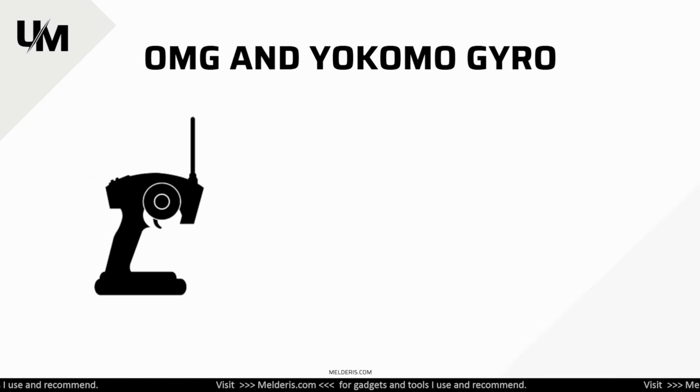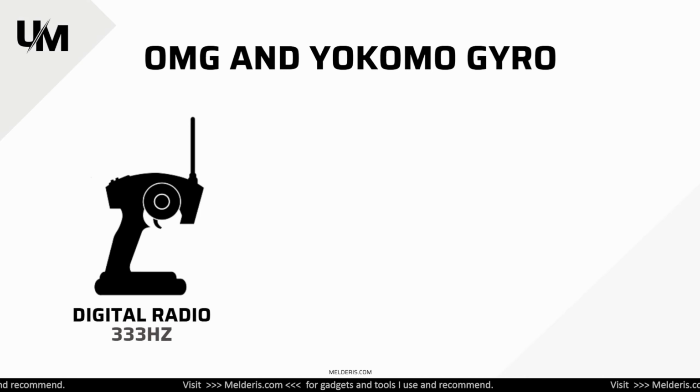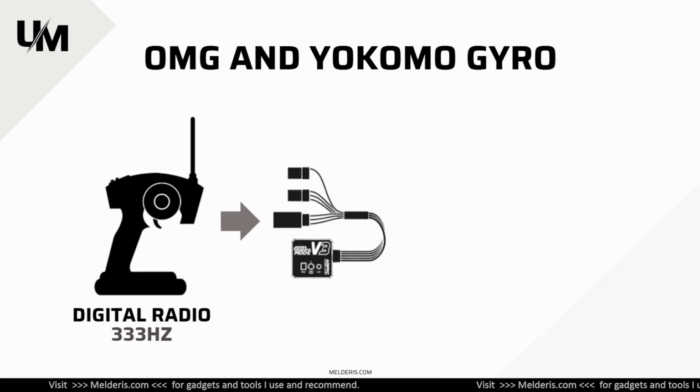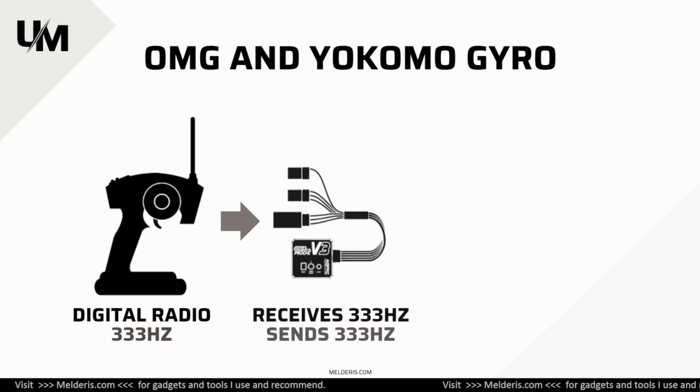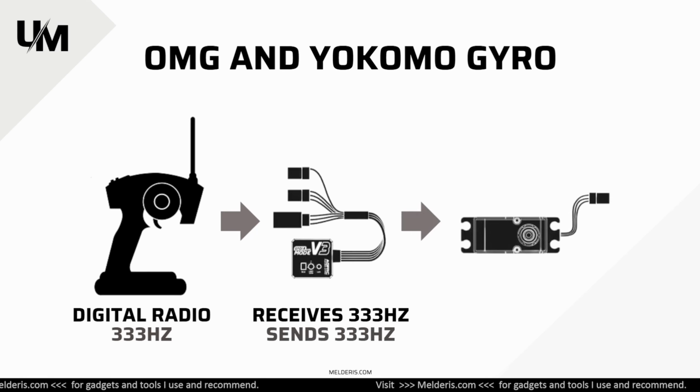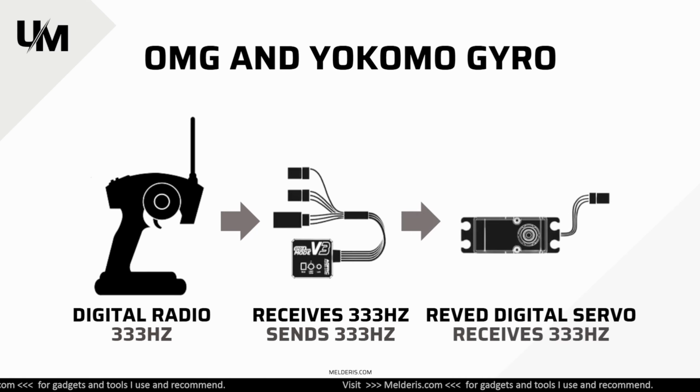Okay, now let's take a look at one more option. So now again OMG or Yokomo gyro, but in this case we will be using a fully digital radio system, which can work up to 333 Hz. Now, if that is sending 333 Hz to our gyro, and then that sends forward again 333 Hz to our RevD digital servo, it will be receiving 333 Hz as well, and this will be the best option you can get where it's coming to digital systems.